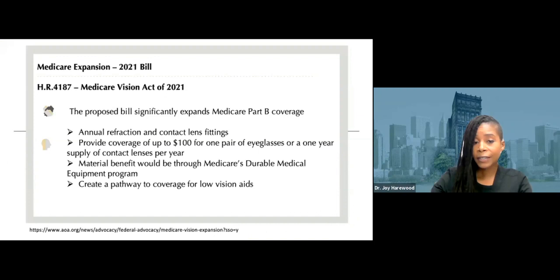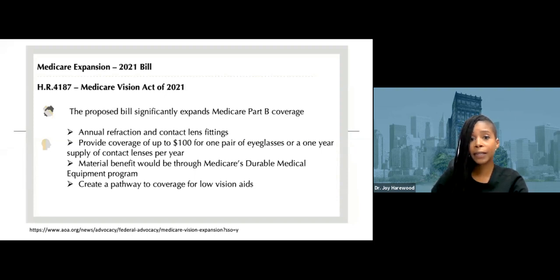So there actually is, as most of us may know, a proposal to expand Medicare. I'm not sure how many people are aware of this, but it's a proposed bill that significantly expands Medicare Part B coverage, so it can actually affect our practice quite a bit. The proposed expansion includes an annual refraction and contact lens fittings.